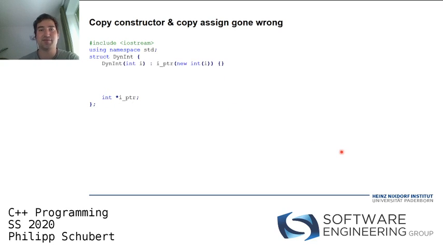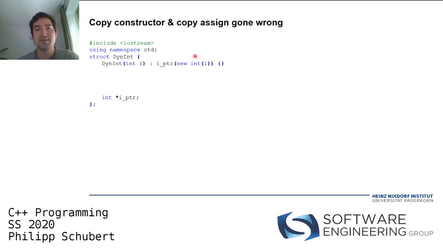We also have a constructor which takes an integer value, and we initialize this member variable, this pointer to an integer, with the following expression here.